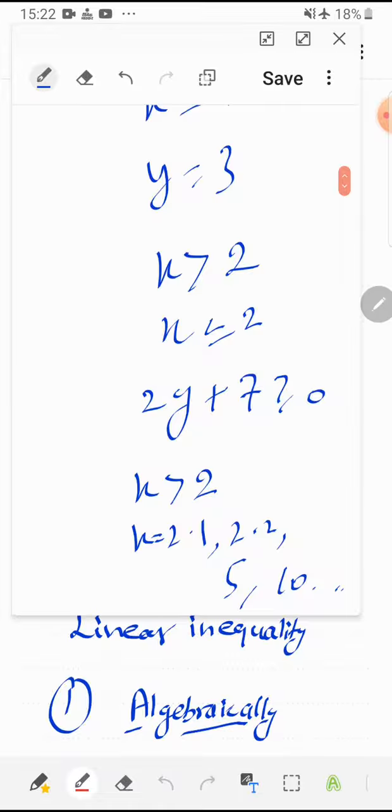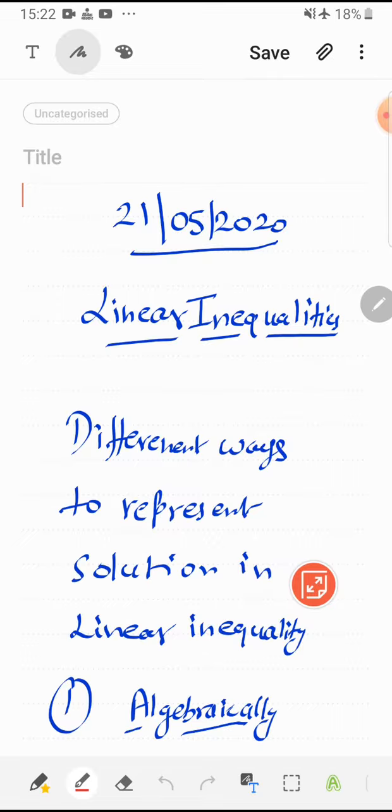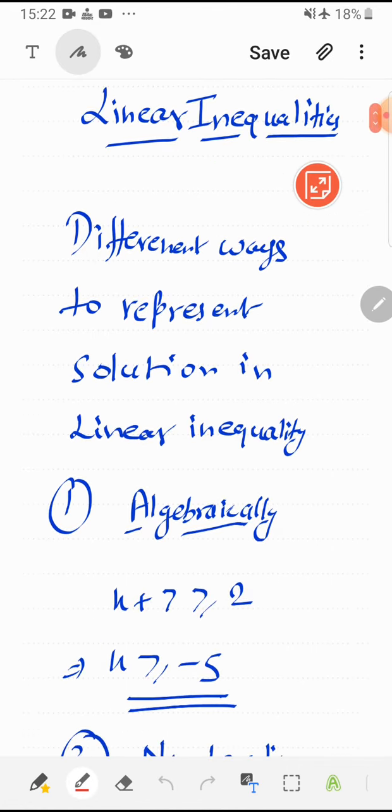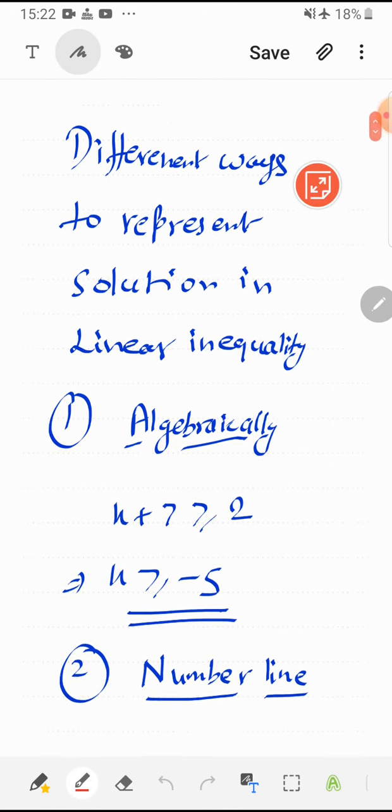But before that, let us start with how to represent the solution of linear inequalities, because that is very important. We will no doubt solve the linear inequalities also, but before that let us understand how to represent the solution. So let us see different ways to represent the solution in a linear inequality.